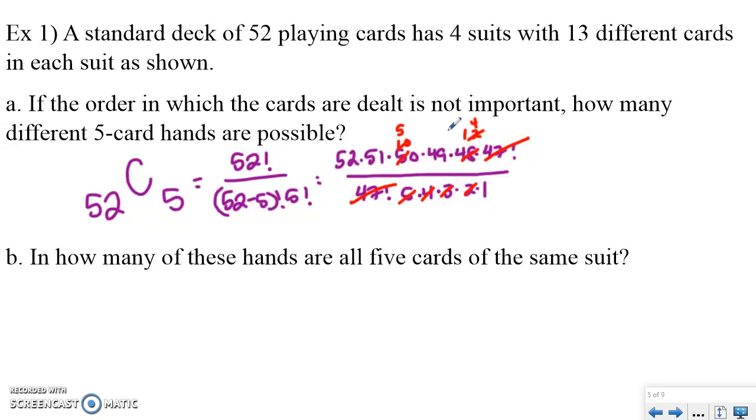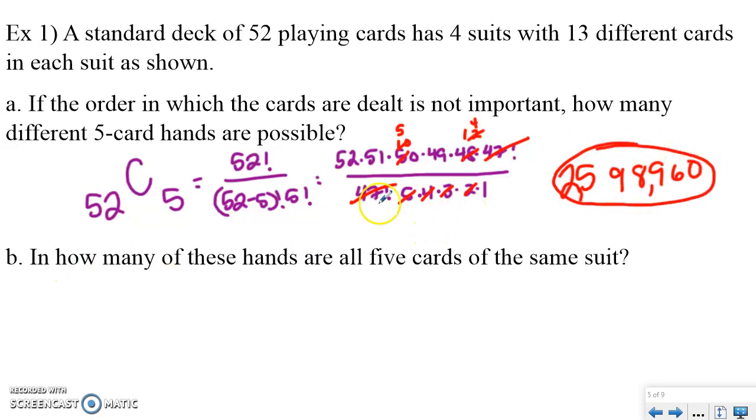And I get 2,598,960. So there are over 2.5 million different hands that you could get.